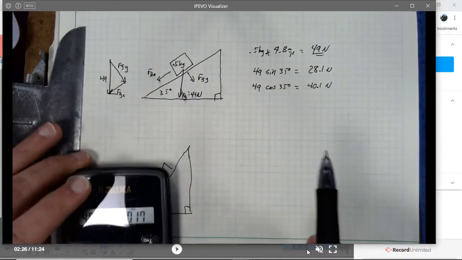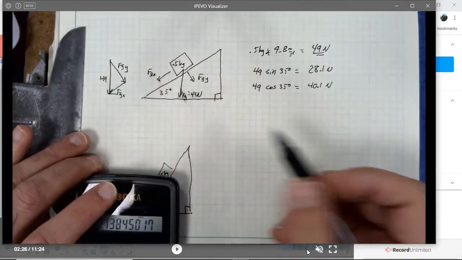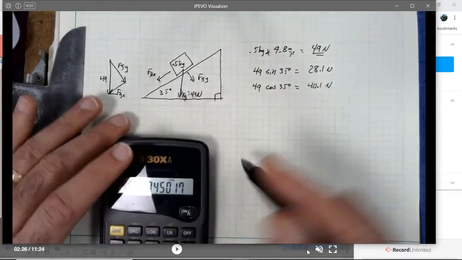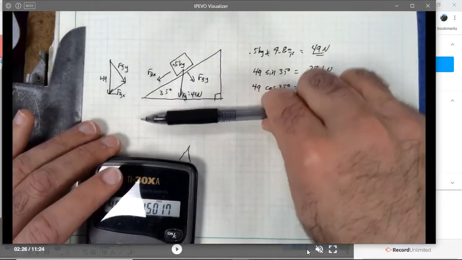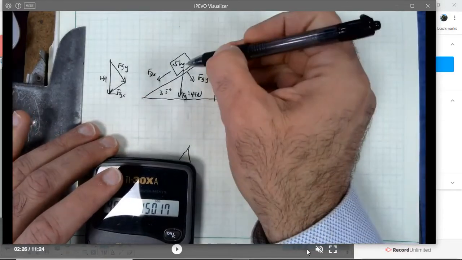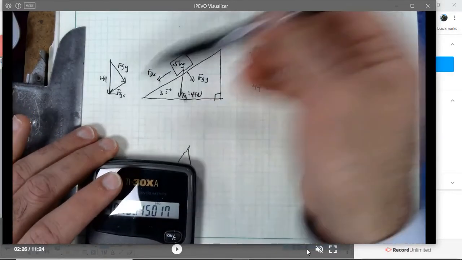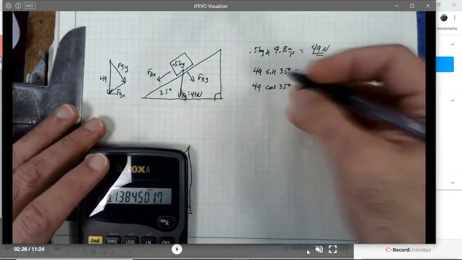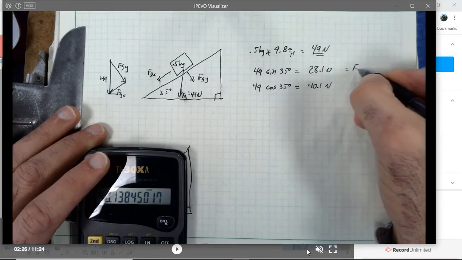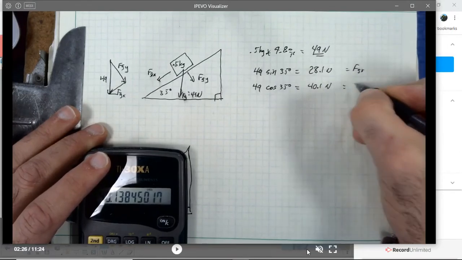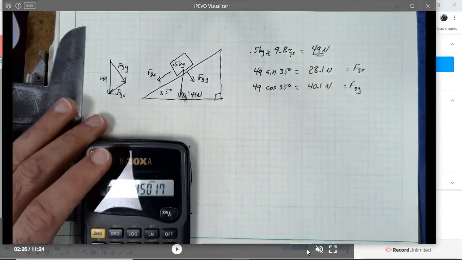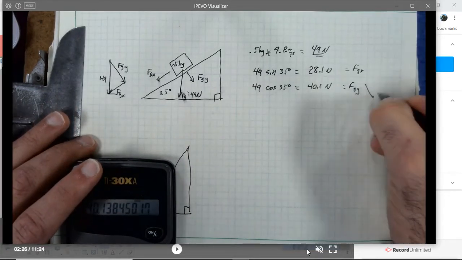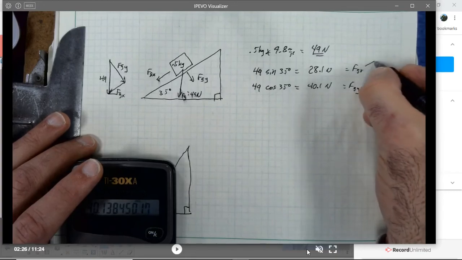All right, now we can tell by looking at this that since we're flatter than 45 degrees, the weight into the slope is going to be greater than the weight down the slope. So this is Fgx, and this is Fgy. Okay, so this is this component, and this is this component.